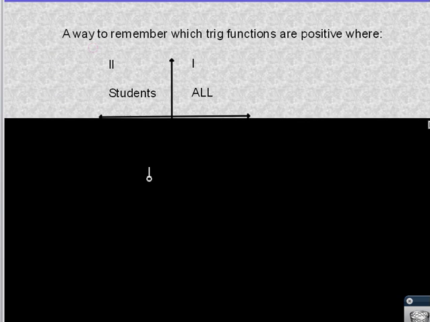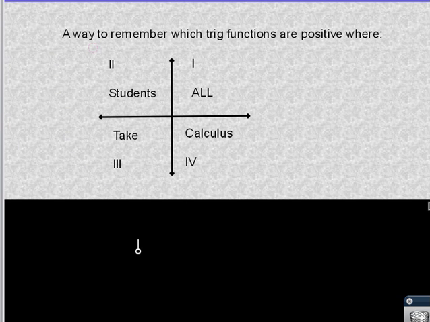This is a way to remember which trig functions are positive. This tells you which quadrants a particular trig function is positive. If you start with quadrant 1 and go counterclockwise, all students take calculus. This tells you where the trig ratios are positive. So in quadrant 1, all of them are. In quadrant 2, the S means that sine is positive, as well as the reciprocal function, because wherever sine's positive, cosecant will be positive.